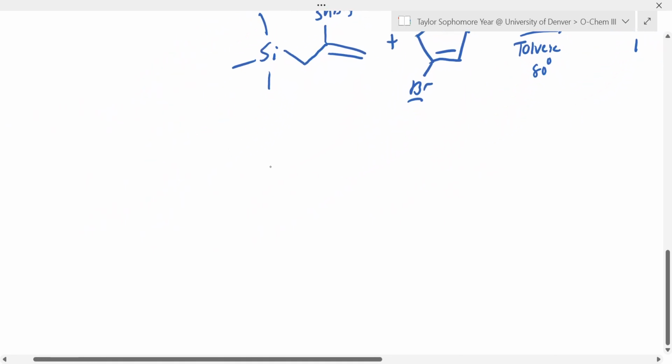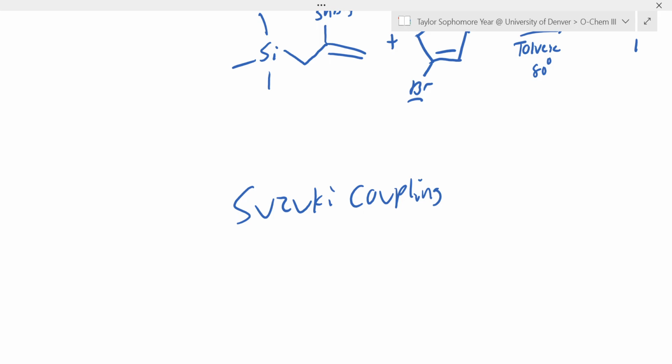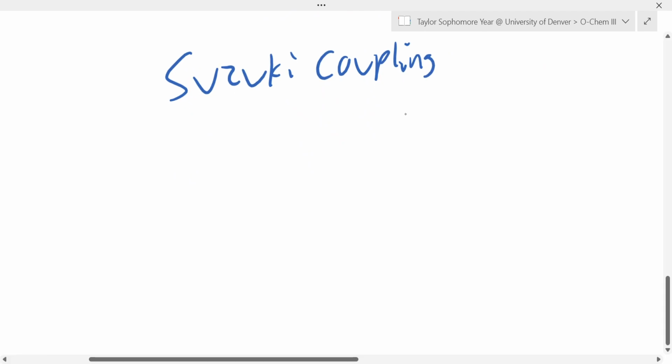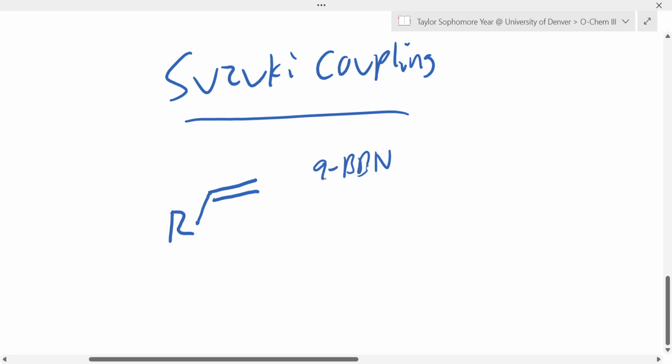Now, for Suzuki coupling, we'll take an example such as R, doesn't matter what that is, double bond, and put 9-BBN at the top, NaOH, H2O2, H2O.